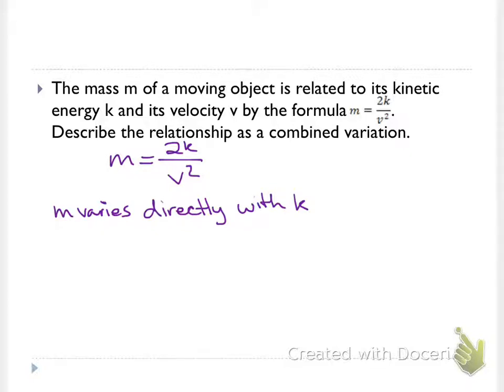So inversely, and inversely with what? Well, v squared. So with the square of v. And that's all you gotta do. So the k was in the numerator, so it was the direct. And the v squared was in the denominator, so it was inversely.